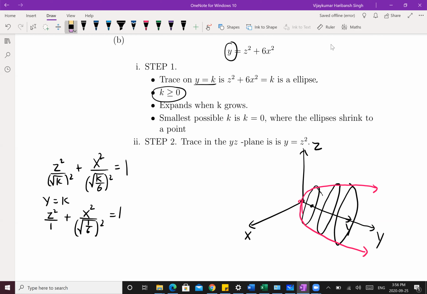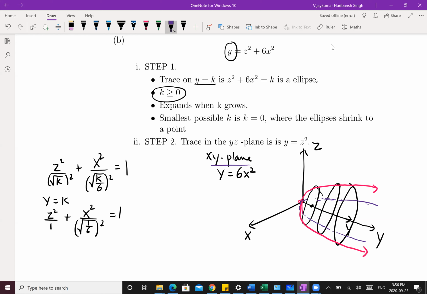In the XY plane, your z is 0, so you get y equals 6x squared, which is also a parabola. So it will look like this, in the XY plane.